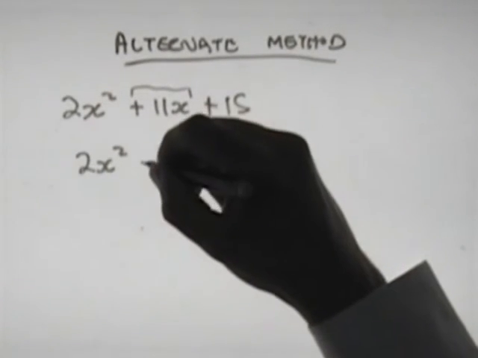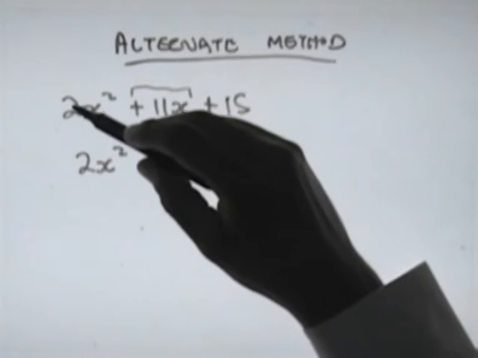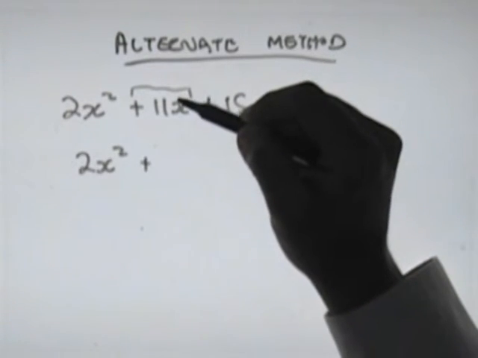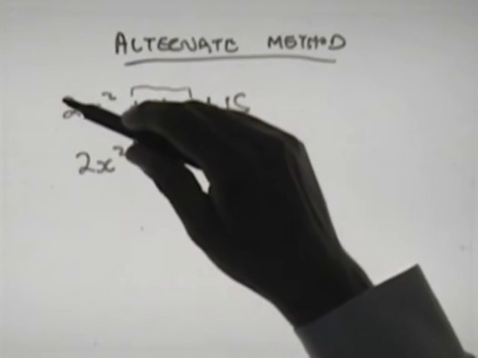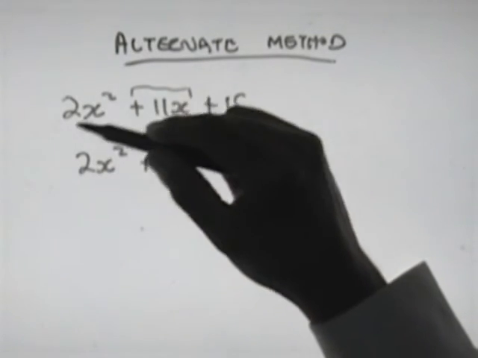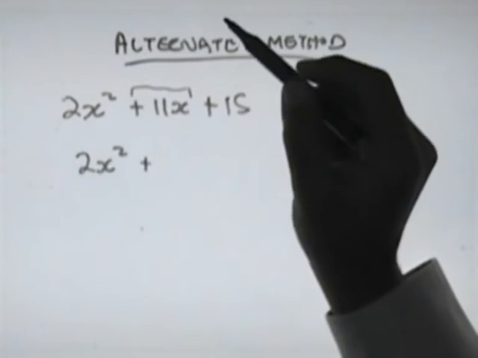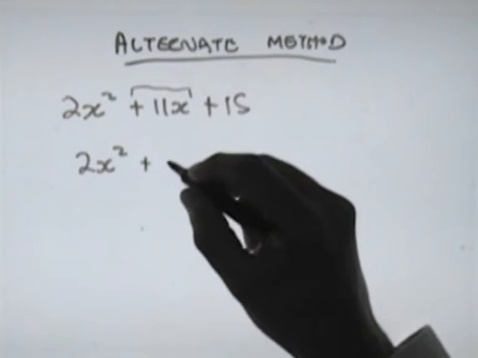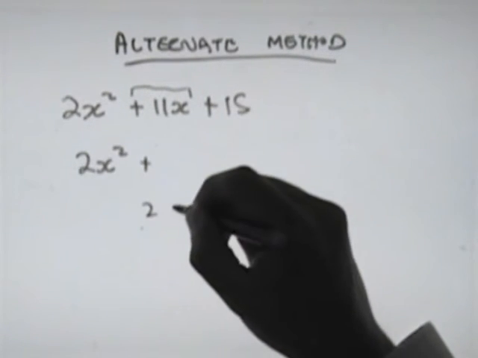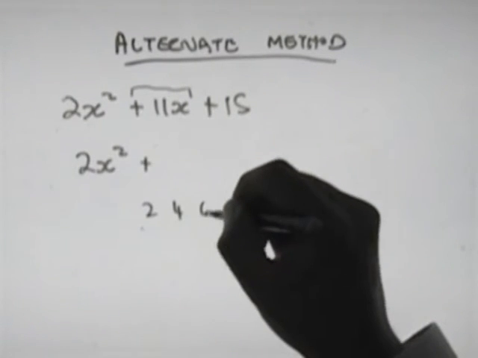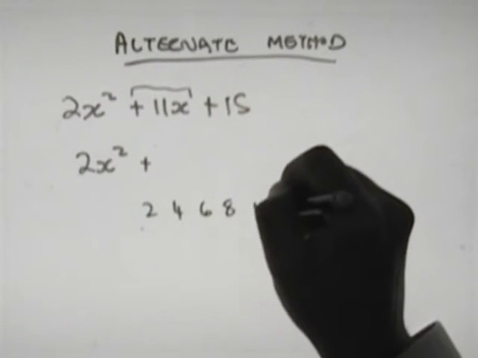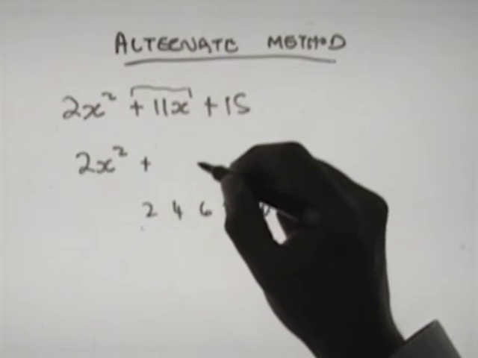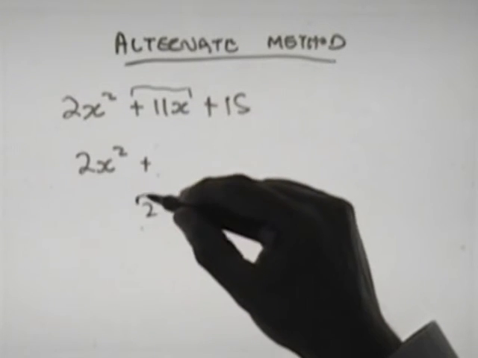The first number has to be a factor of 2, or has to be something that 2 can be taken out of. Basically, that just means it needs to be an even number. So that could be 2, 4, 6, 8, or 10. So that's going to be our first number.